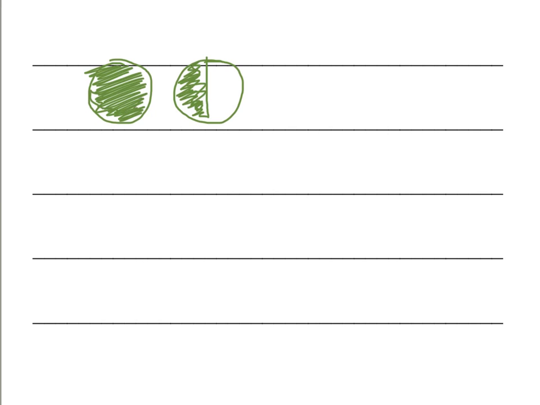Now remember, a mixed number is a whole number and a fraction. Well, how many whole pies do we have filled in? 1. How many half pies do we have, or what is the remainder that is left over? 1 and 1/2. I really don't think there's going to be any confusion about that.